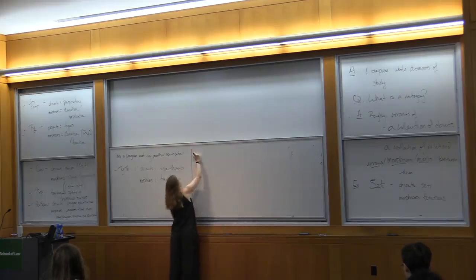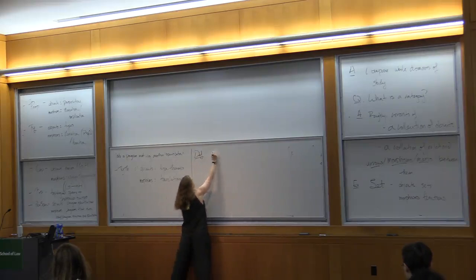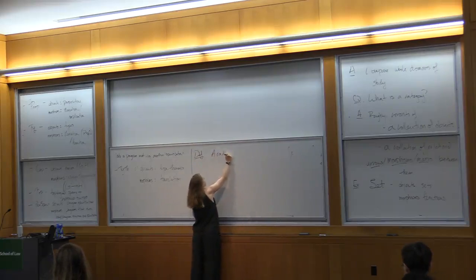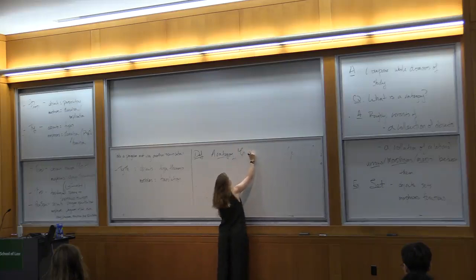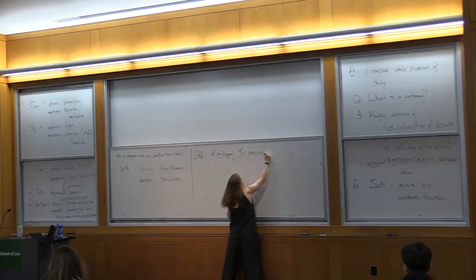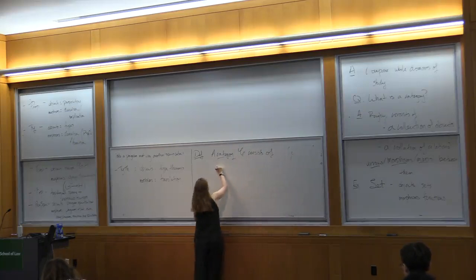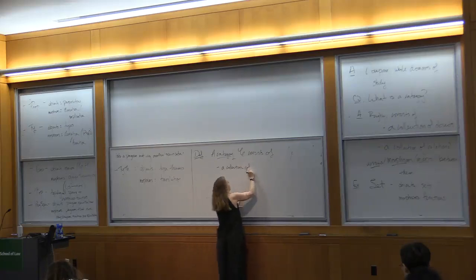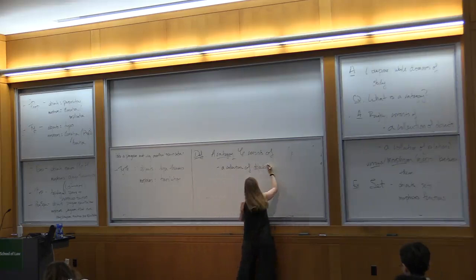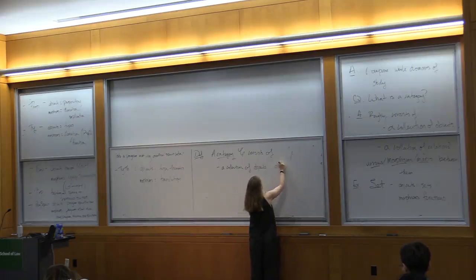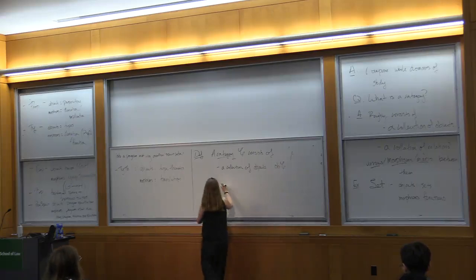So, definition: a category C consists of a collection of objects. So I guess I'm also defining the word object now in this definition. So a collection of objects that we call Ob C.